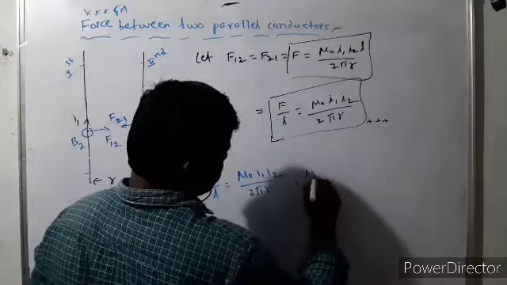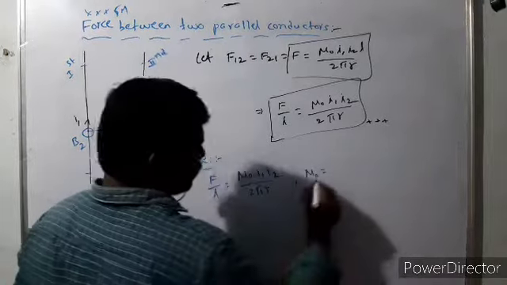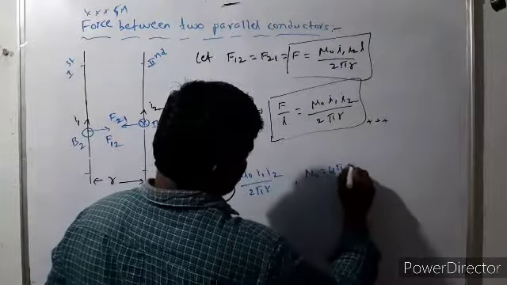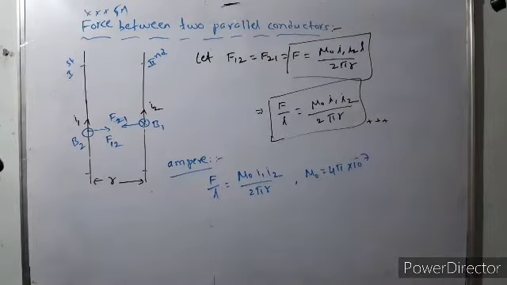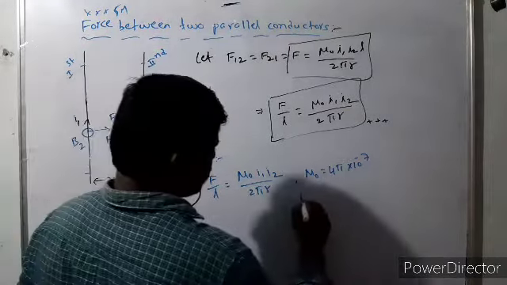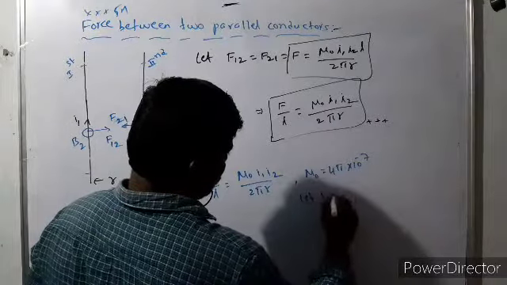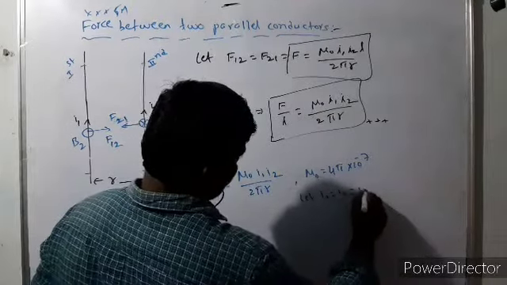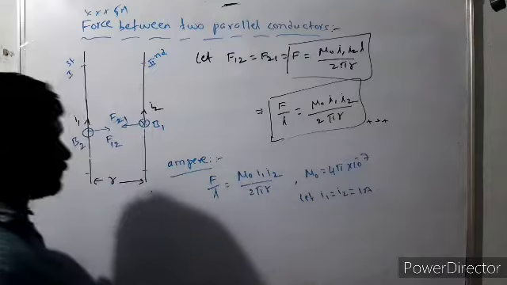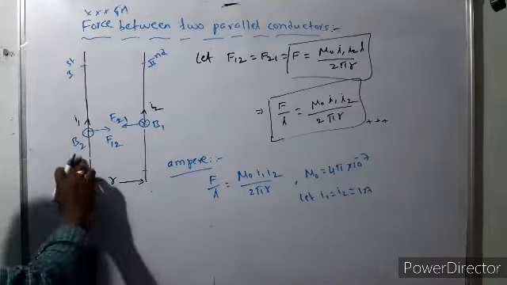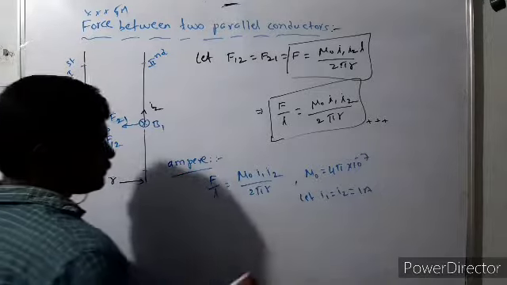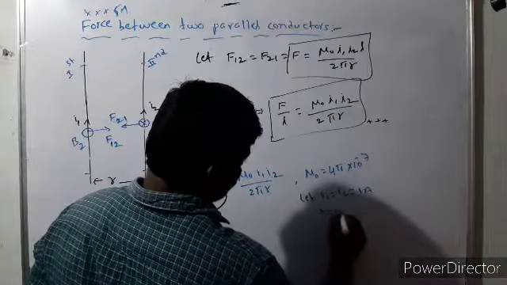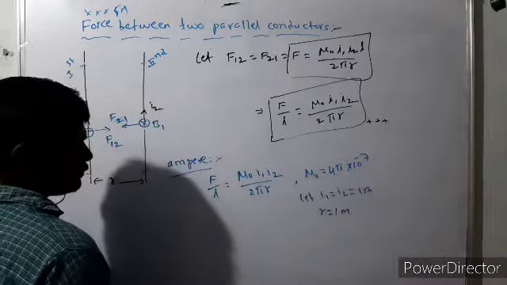We already know the mu naught value is 4 pi into 10 power minus 7. Okay. Here, let I1 and I2 be 1 ampere each, the magnitude of the currents in the two conductors. Let r be 1 meter.